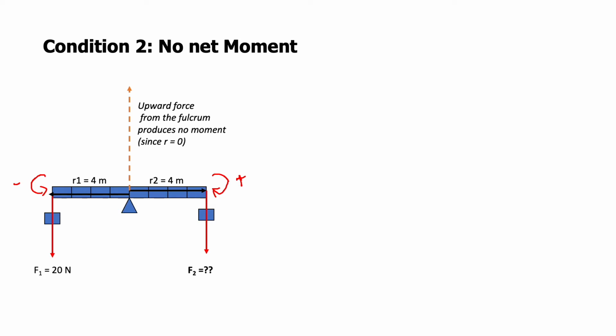Now, as you can see here, the force applied by the fulcrum is directed upwards, but it produces no moment since it is applied at this point, where the value of r is 0. Now to solve for this F2, we have to use the second condition, which is the summation of moments is equal to 0.